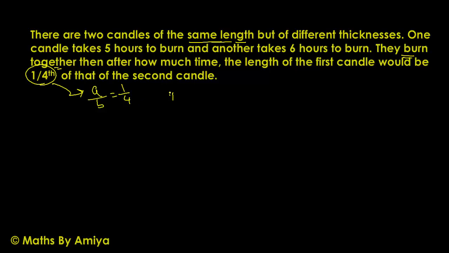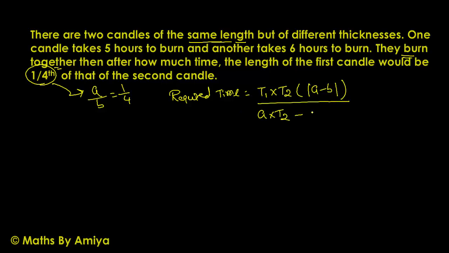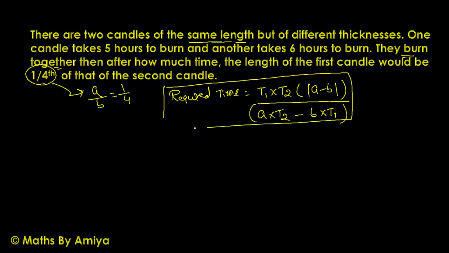So the shortcut is what? Required time is nothing but T1 into T2, where T1 and T2 are the times, into A minus B under mod, bigger minus smaller, upon A into T2 minus B into T1, and this is our shortcut with one condition.